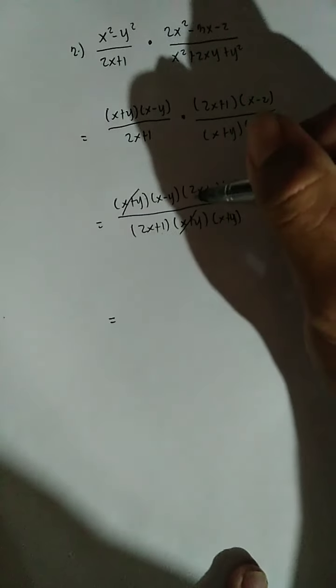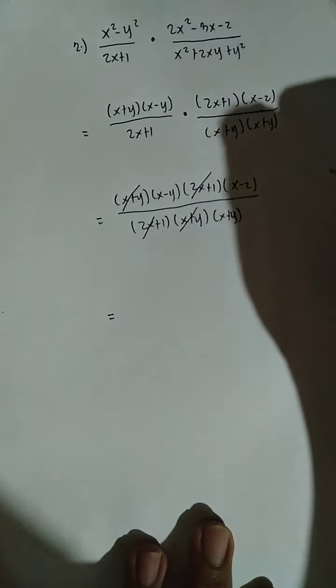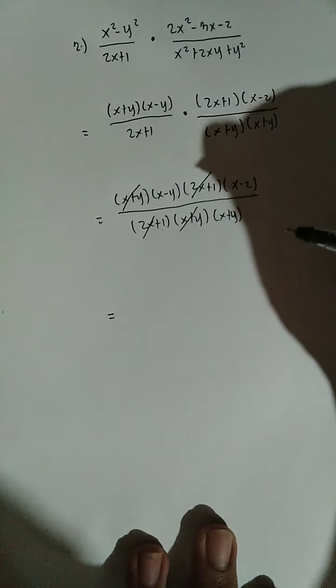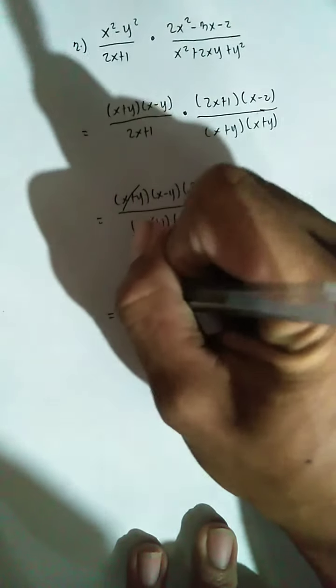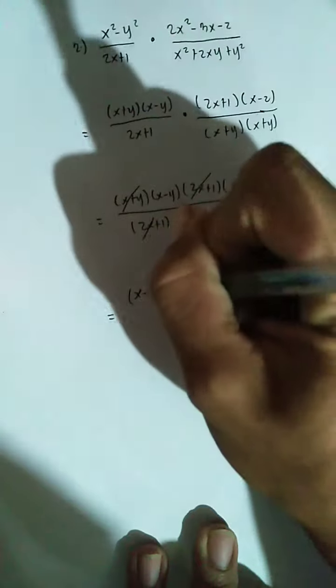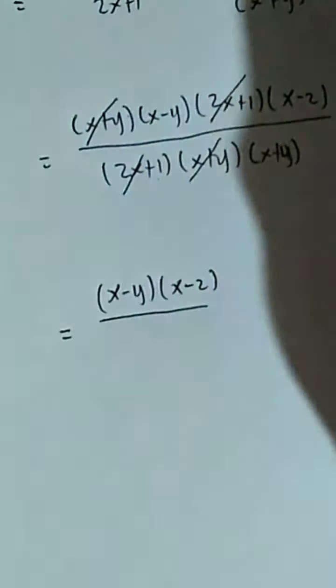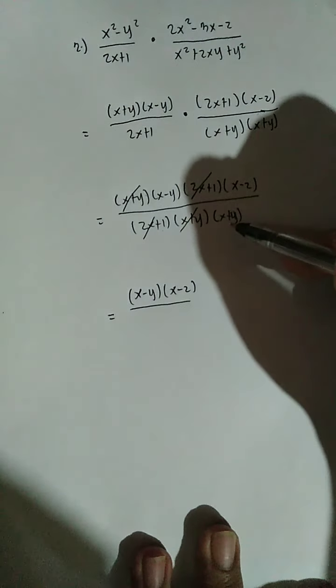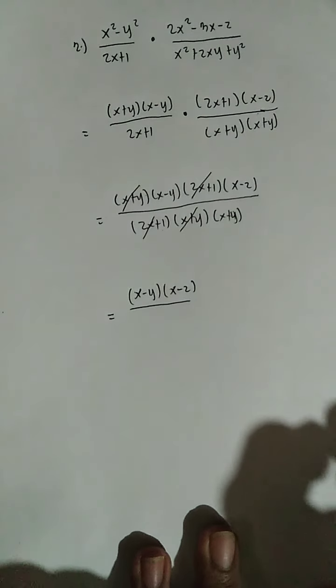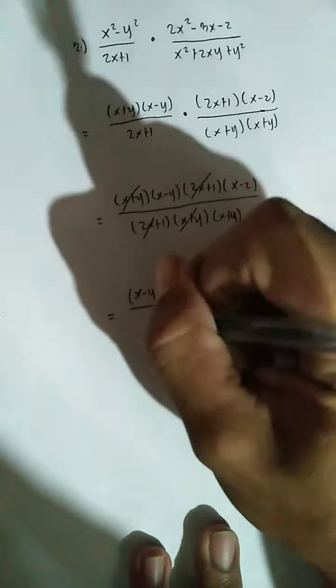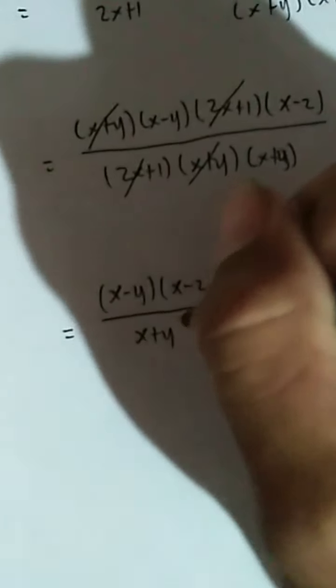So you can cancel out x plus y in the numerator and denominator since they are common, and we also have 2x plus 1 in the numerator and denominator which are common. So the remaining factors in the numerator will be x minus y and x minus 2, all over the remaining expression in the denominator, x plus y only.